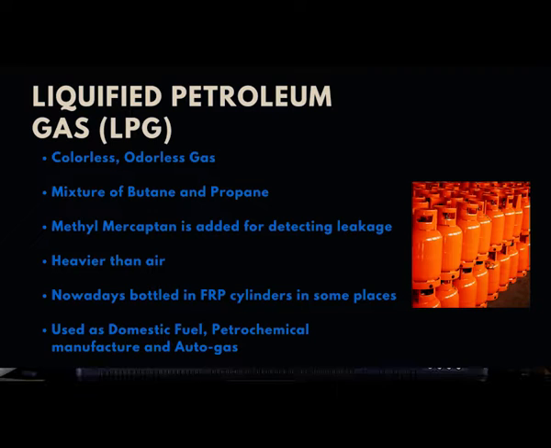Because it is heavier than air, LPG settles down in case of leakage, and since it's colorless and odorless, it's difficult to detect the leakage or the LPG cloud. Normally, LPG cylinders are made of steel, and they are circulated and go back to the filling plant, where the empty cylinders are refilled and put back into circulation.